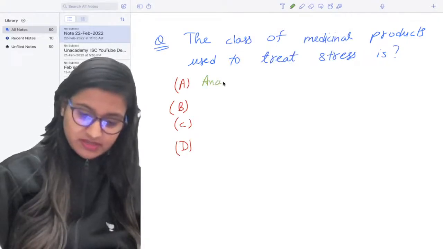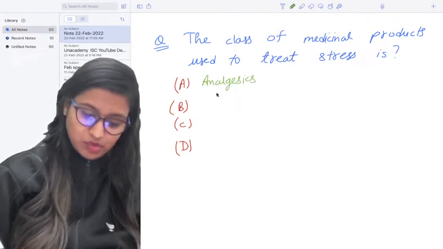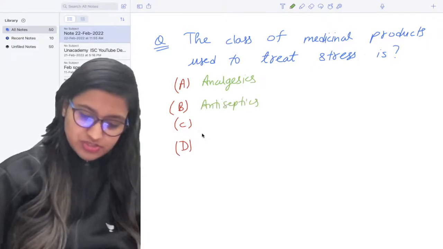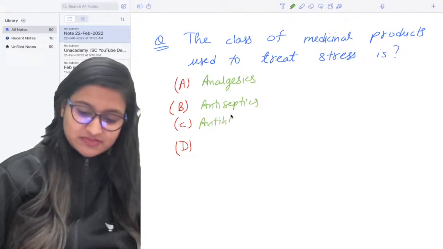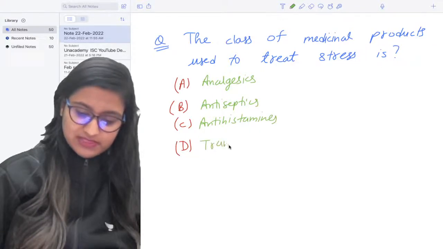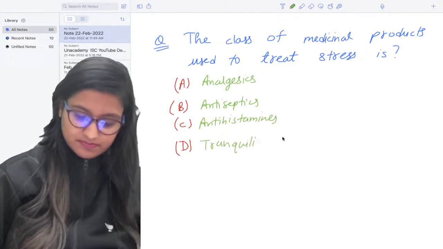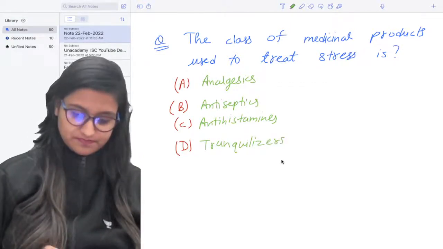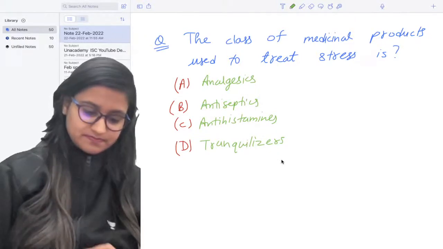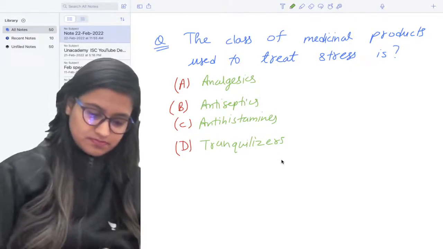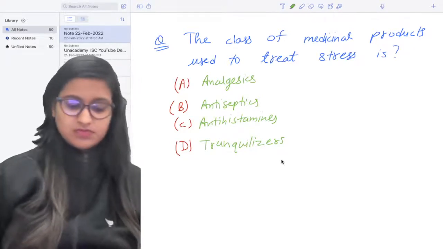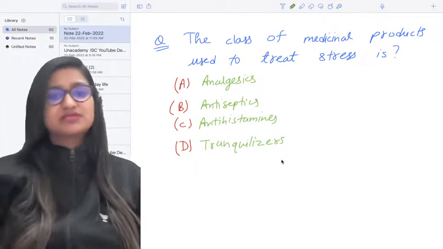Option number A, analgesics. Option number B, antiseptics. Option number C, antihistamines. Option number D, tranquilizers. What is the right answer? Take 1 minute and let me know.